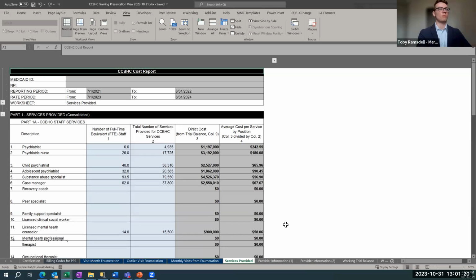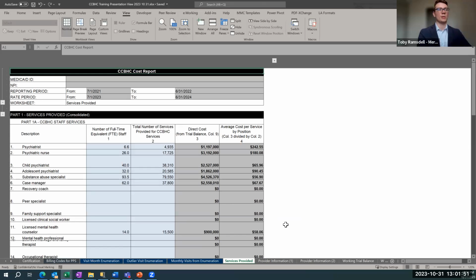This schedule just reports the number of services and the number of full-time equivalent staff. So what this is useful for is gauging metrics. These numbers don't affect the PPS math at all, but it's very helpful for the state and its reviewers to understand average cost per service, for example, which you can see in column 4, which gives an idea of efficiency metrics.